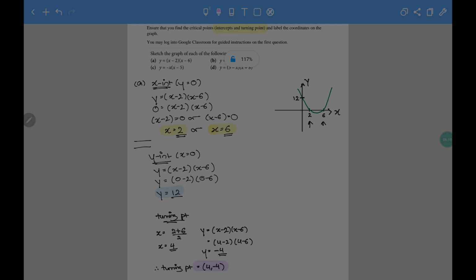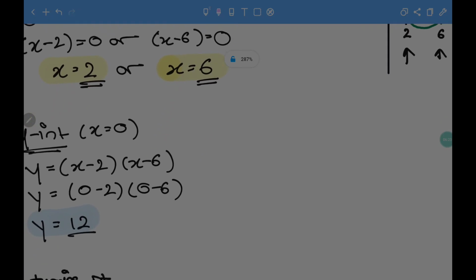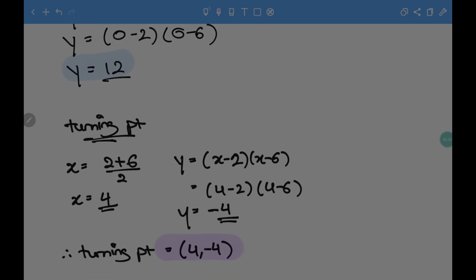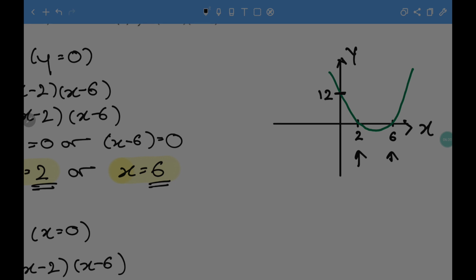I've gotten my x-intercepts, y-intercept, and turning point. So let me label the turning point here again: (4, negative 4). I will just put a point there. So this is my turning point, (4, negative 4).